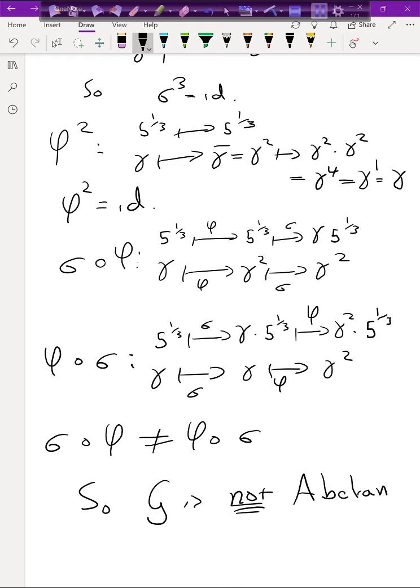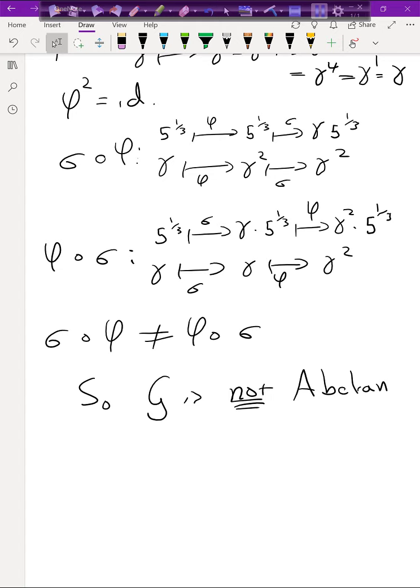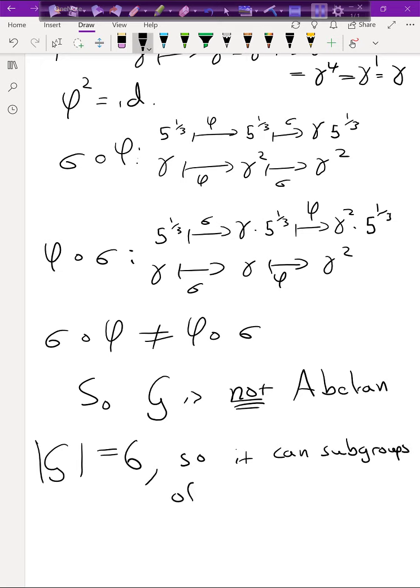All right. I want to identify all the subgroups of G I can. Okay? G has order 6. So it can have subgroups of order 2 or 3. Interesting subgroups.